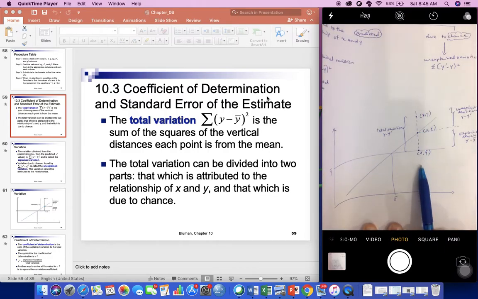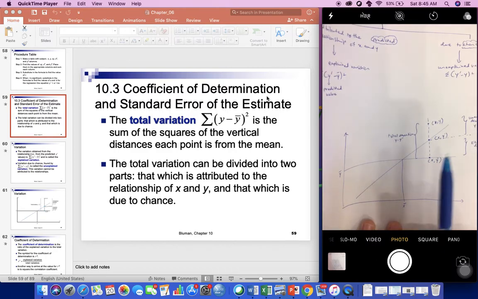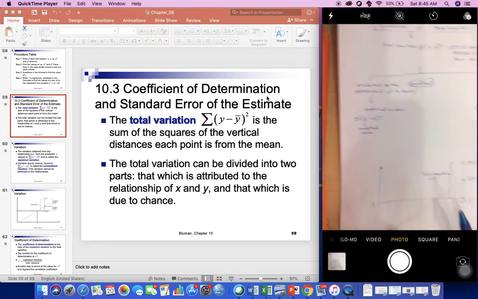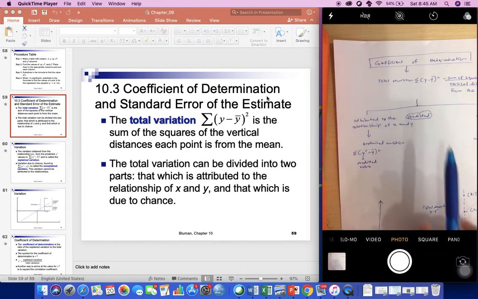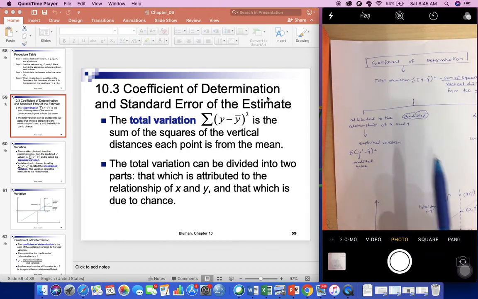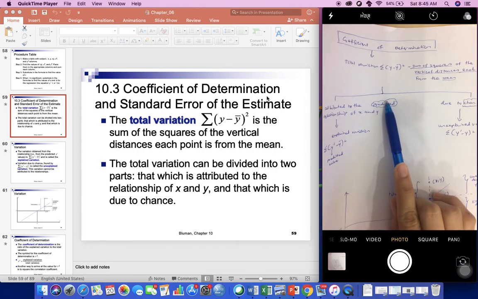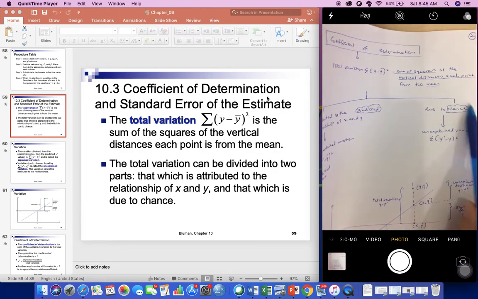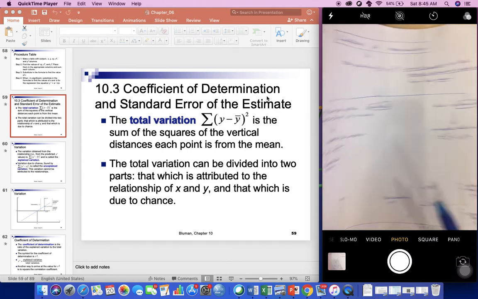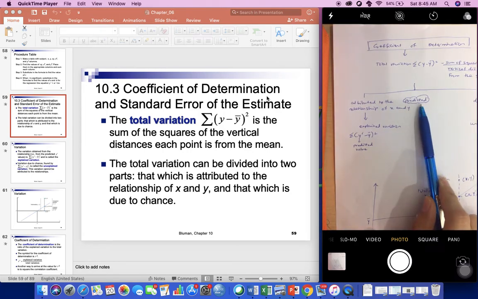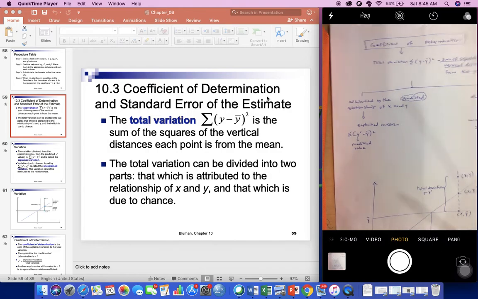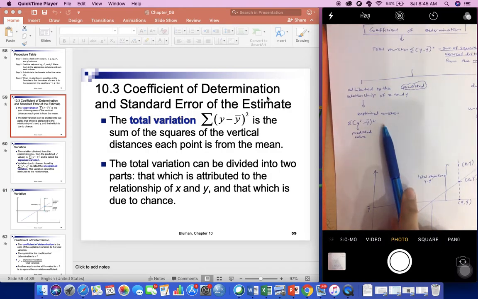But before we look at this graph, this variation can be divided into two. The first one is the predicted, and the second one is chance. The predicted is called the explained variation, and the chance is the unexplained variation.